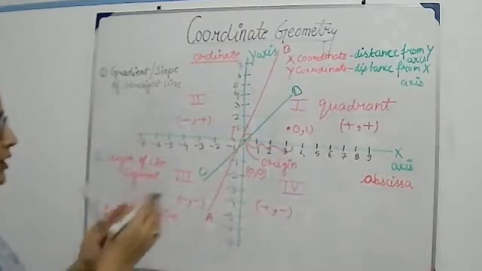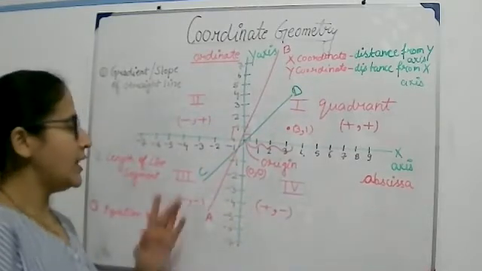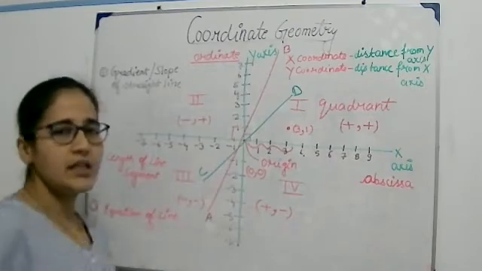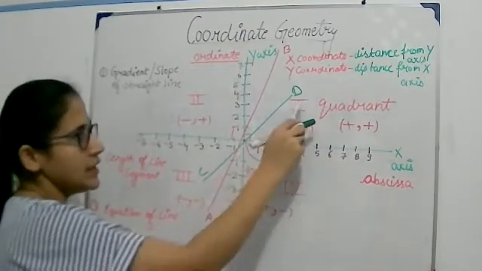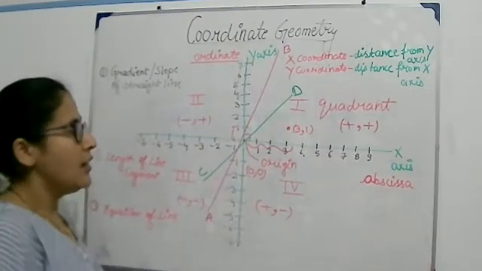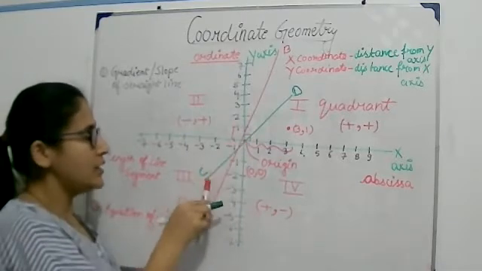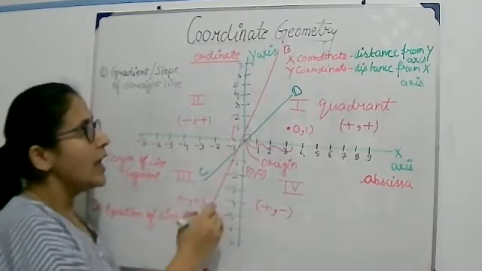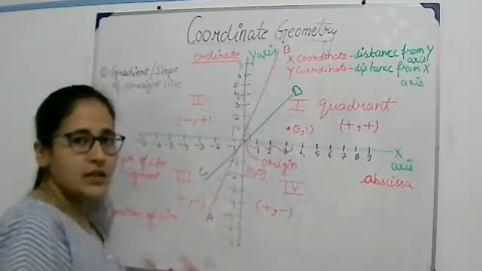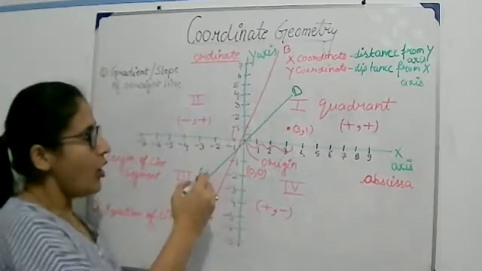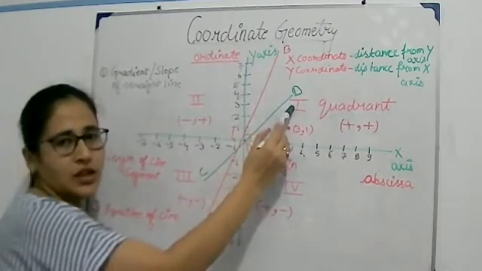If we see both lines together, we can say directly that AB is steeper than CD. It is more steep than CD. That means AB has a steep or high slope, and CD has a shallow slope.